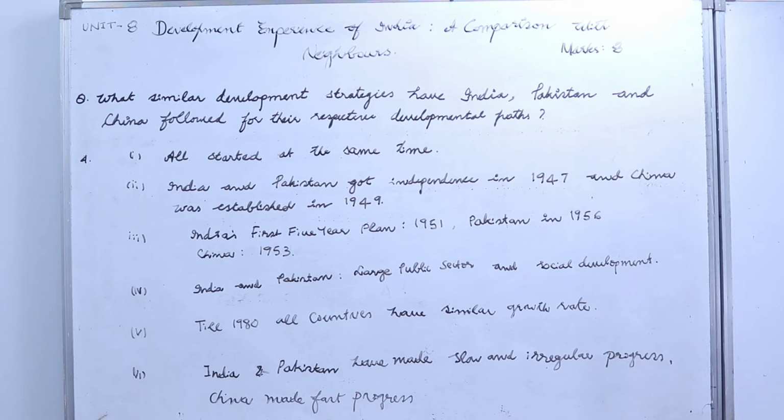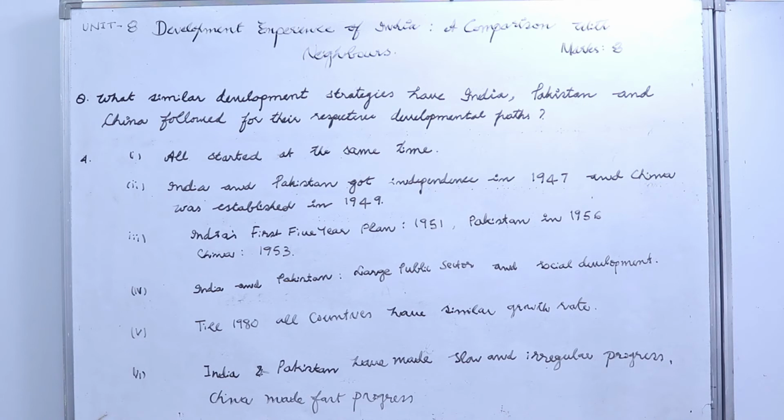In this case, we are discussing what similar economic development strategies India, Pakistan and China have followed for their respective development. India, Pakistan and China have many similarities in their developmental strategies. The first point: all three nations started their developmental path at the same time.